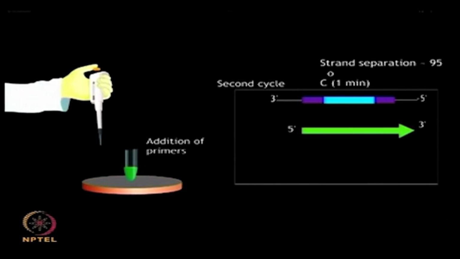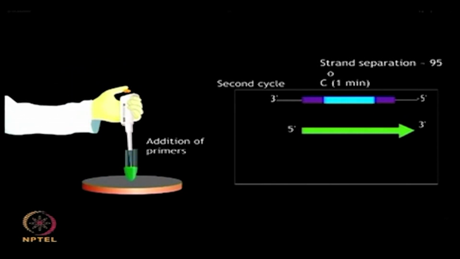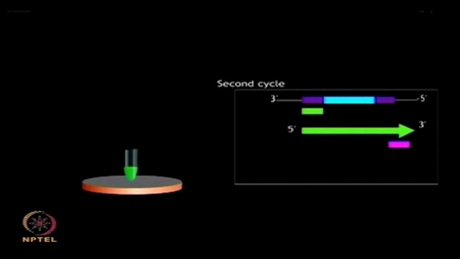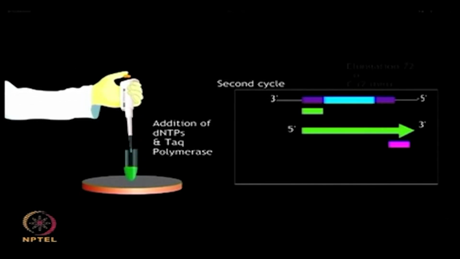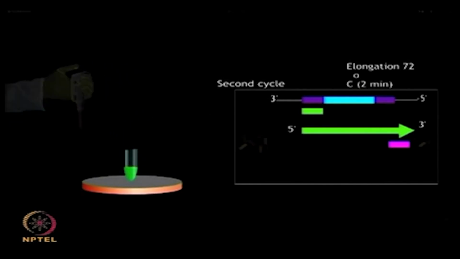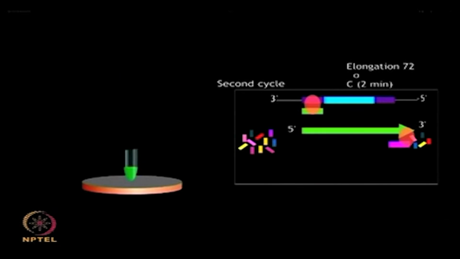Strand separation is performed at 95 degrees centigrade, followed by primer annealing and elongation respectively. In this way, the mRNA transcript originally used is amplified in the form of its corresponding cDNA, which can be studied further.